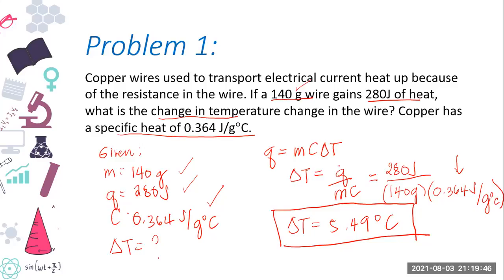And then all you have to do is manipulate that formula and you're getting delta T equals Q over MC. And then it's a direct substitution of values. And then you're getting 5.49 degrees Celsius. Okay, this is your answer. If we're doing this in a quiz or another activity, make sure that you indicate your final answer. Okay, that's our problem number 1.